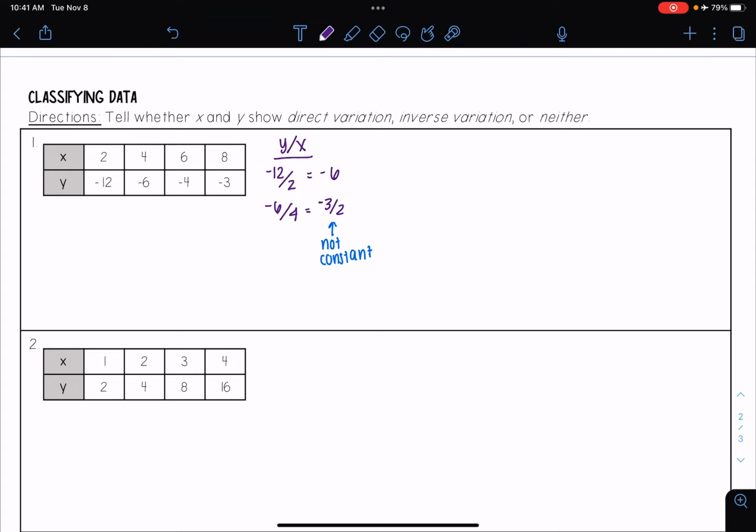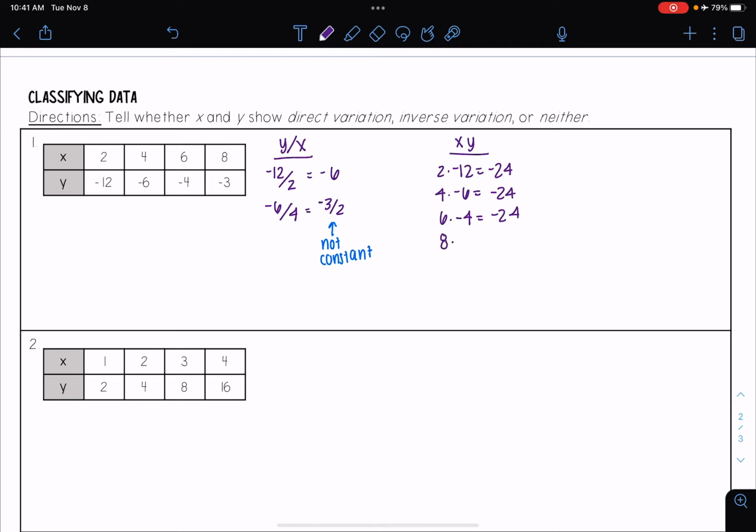Now let's see if it's inverse variation. For inverse variation, the products need to be constant. So now instead of dividing, I'm going to be multiplying. I have 2 times -12, and I get -24. 4 times -6 also gets me -24, so we're off to a good start. 6 times -4 gets me -24.